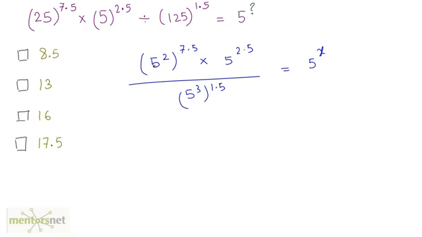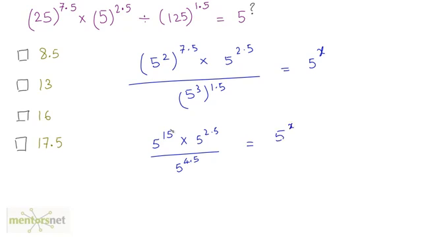So this is 5 to the power 2 times 7.5, which is 15. So 5 to the power 15 times 5 to the power 2.5 divided by 1.5 times 3. So 5 to the power 4.5, which is equal to 5 raised to power x.